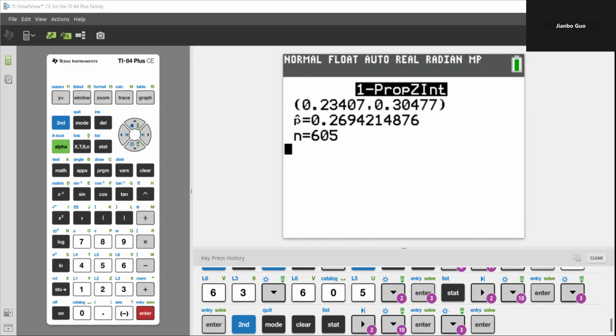So the true percentage could easily equal 25%. This means the results of the experiment do not appear to contradict the expectation that 25% of the offspring peas would be yellow. All right, thank you for watching. I hope this helps.